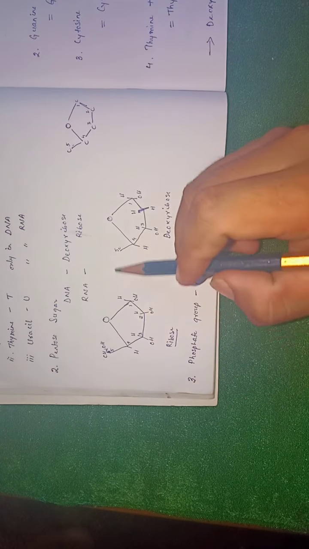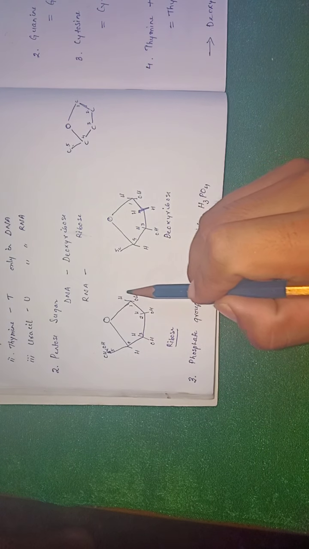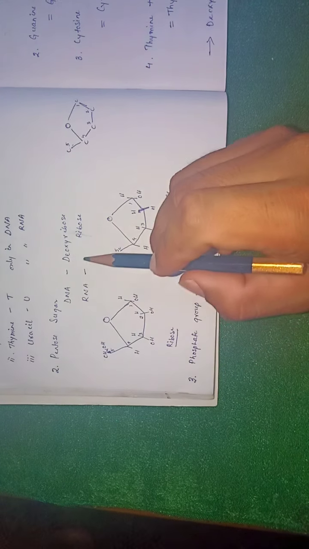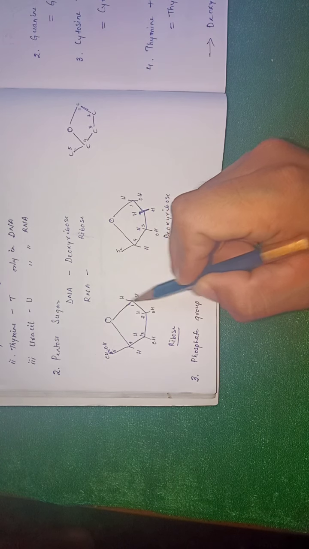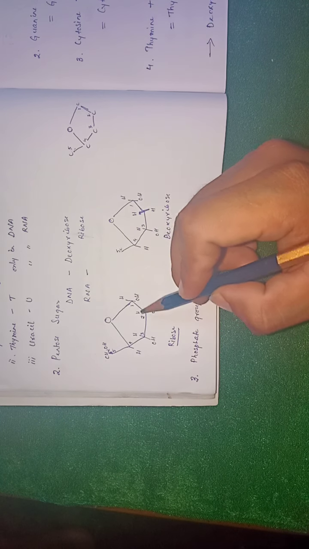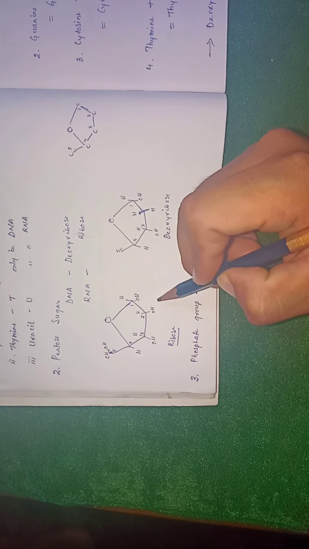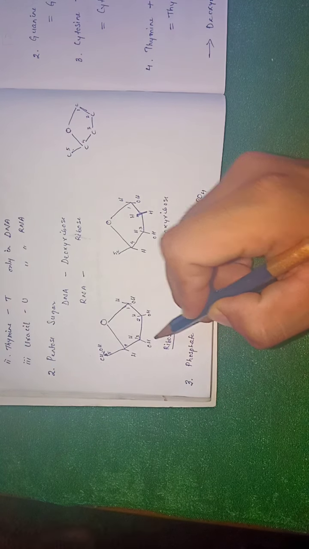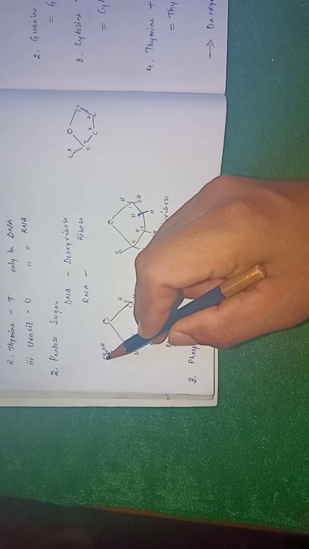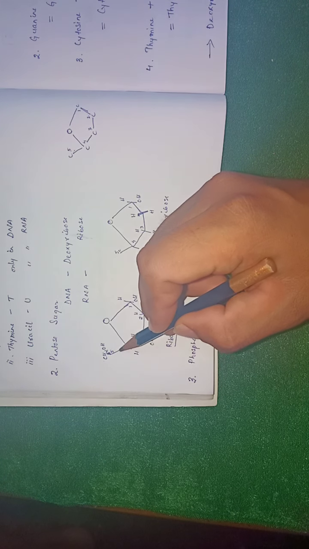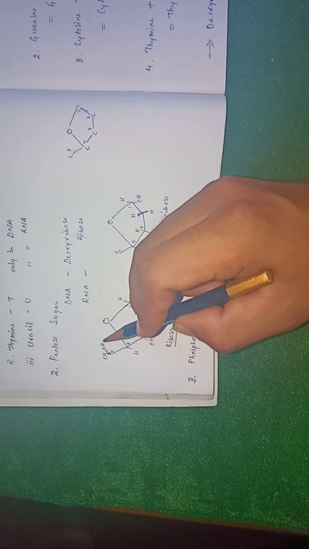In case of ribose, this is the ribose sugar structure. The first carbon atom consists of H and OH, hydroxyl group, and the second contains H and OH. The third also contains H and OH, and the fourth carbon contains CH, H, and the fifth carbon contains CH and OH.